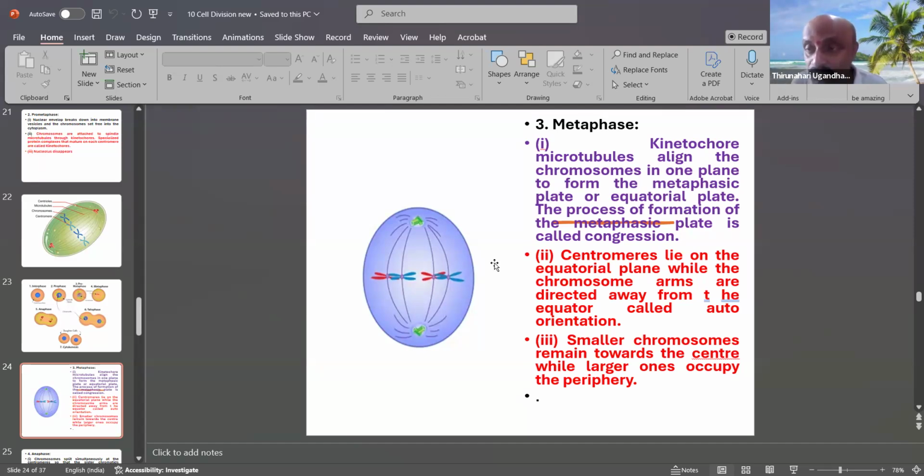The chromosomes are arranged in a spindle shape. The smaller chromosomes remain towards the center while larger ones occupy the periphery, the outer part of the nucleus.